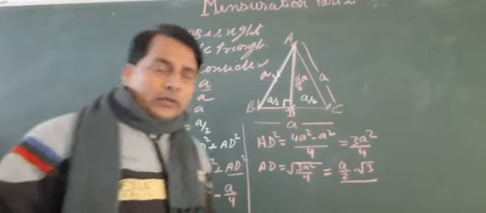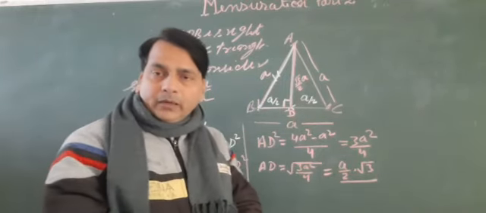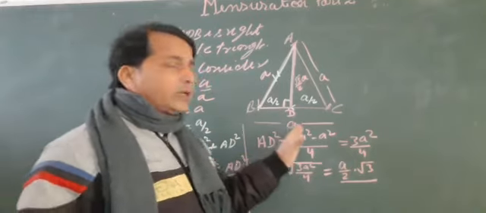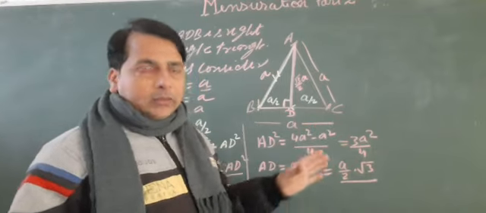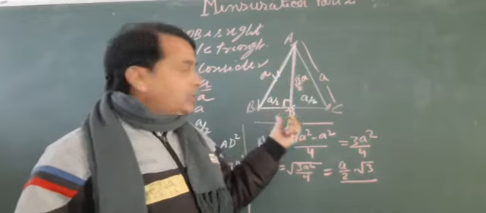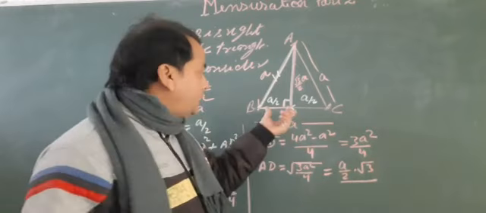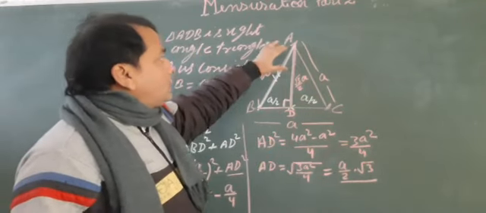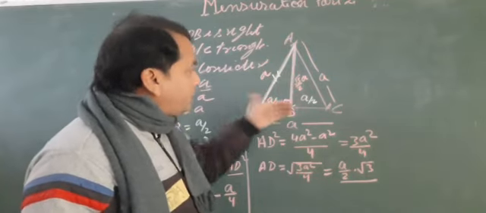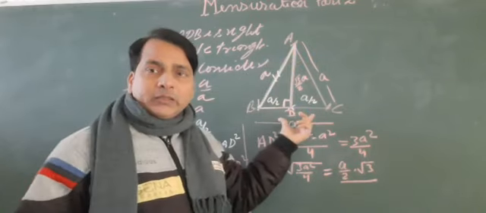So it is clear that triangle ABC is an equilateral triangle, and we know the properties of an equilateral triangle: all sides are equal. Now suppose that one side of the equilateral triangle is A, then the other two sides are also A. Then a perpendicular line drawn from vertex A on side BC, the perpendicular AD, bisects BC.